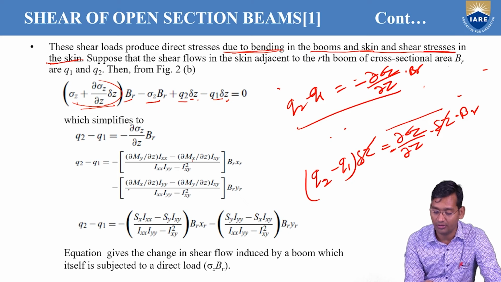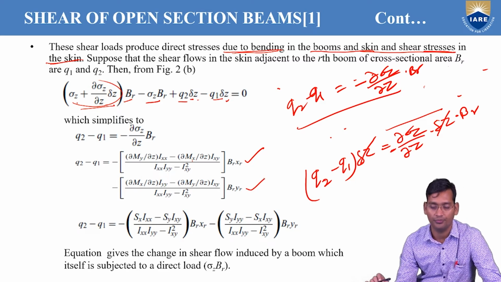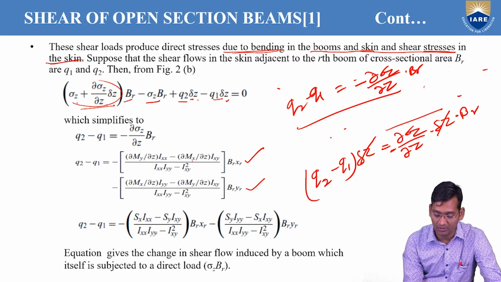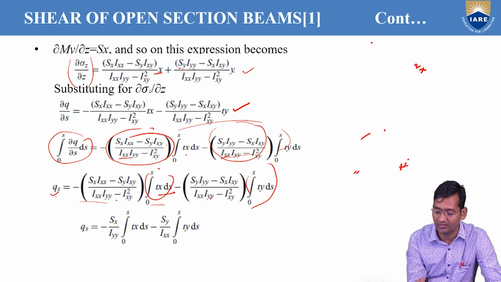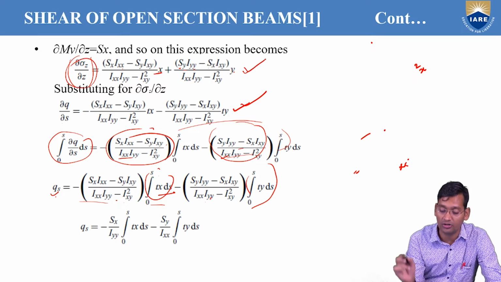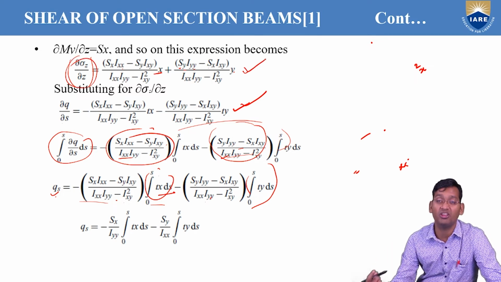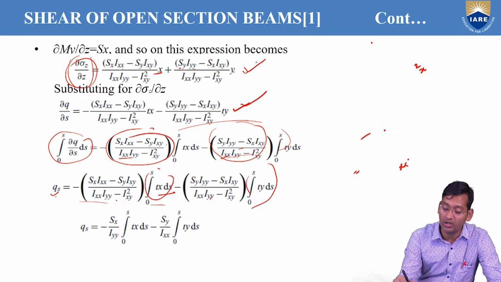So after that, further simplify; this is for B_r x_r and B_r y_r. You can substitute here or use the direct value, depending upon what is required. So we are substituting for the moment, and next we come to this one.